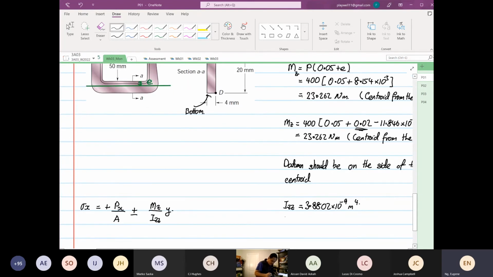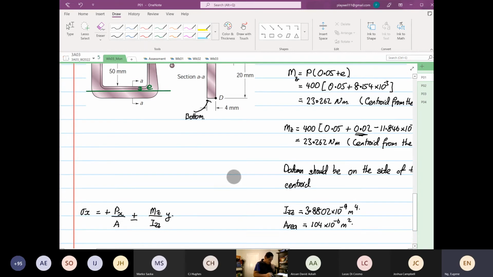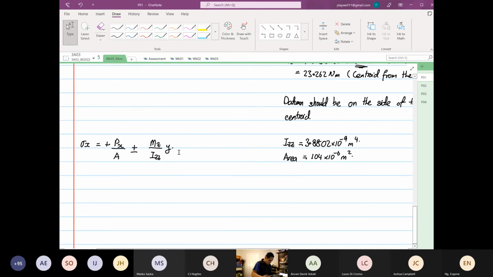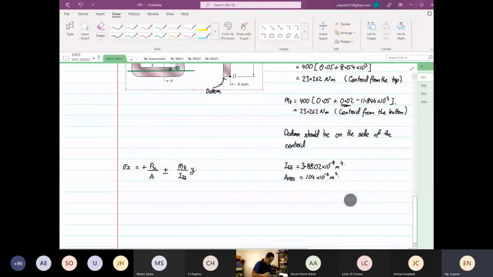And then the cross-sectional area will be equal to 104 times 10 to the power minus 6. Based on a cross-section like this, it's very straightforward how to determine the cross-sectional area.